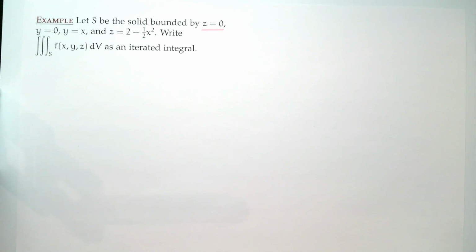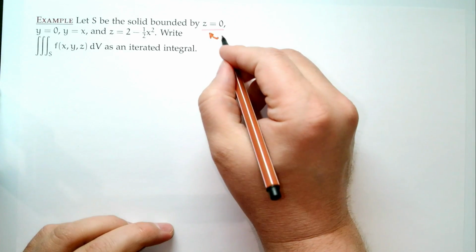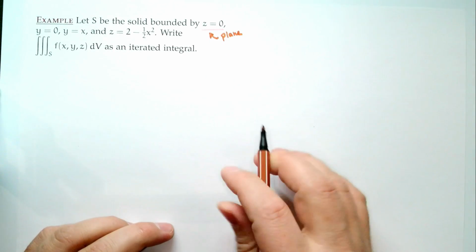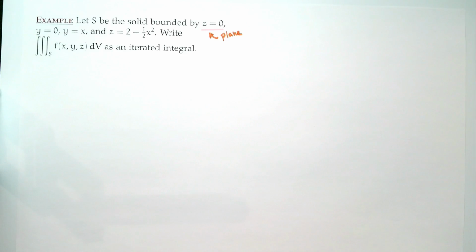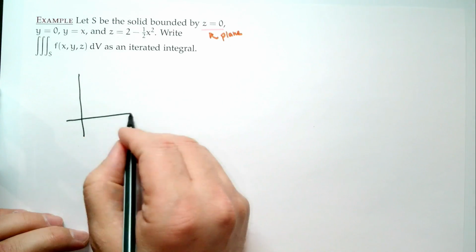So when we say z equals 0, we say, okay, what does that mean? This really means that this is a plane. So this is the plane z equals 0. Well, which plane? So we should probably sketch that, or at least know which plane we're referring to.